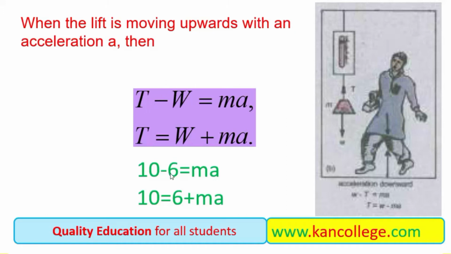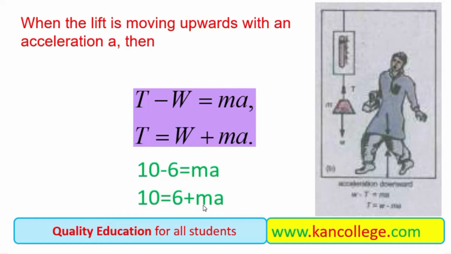If we take this 6 towards the right, then the initial weight of the body is added with another value of ma, and it will be equal to the tension in the string. So tension in the string is equal to 6 plus ma. It means tension is increased as compared to 6. How much?